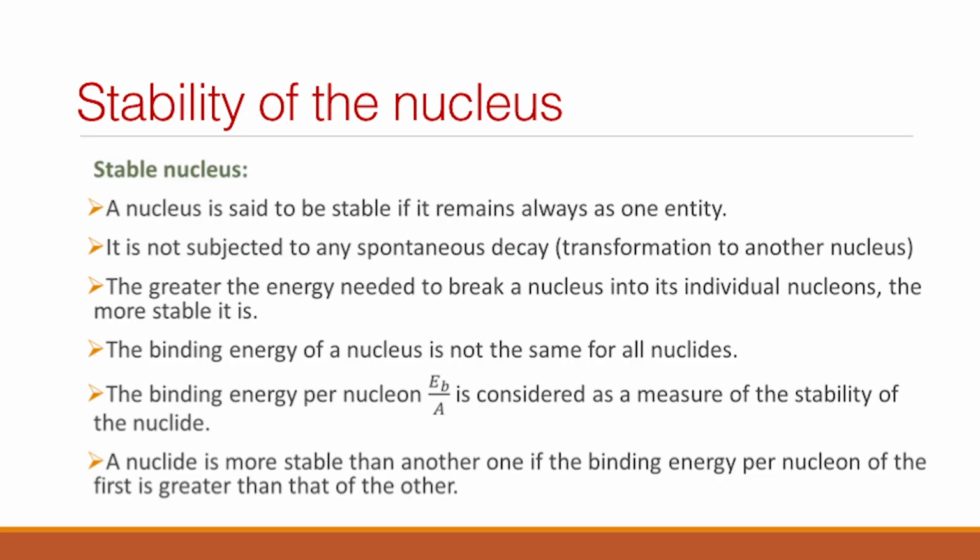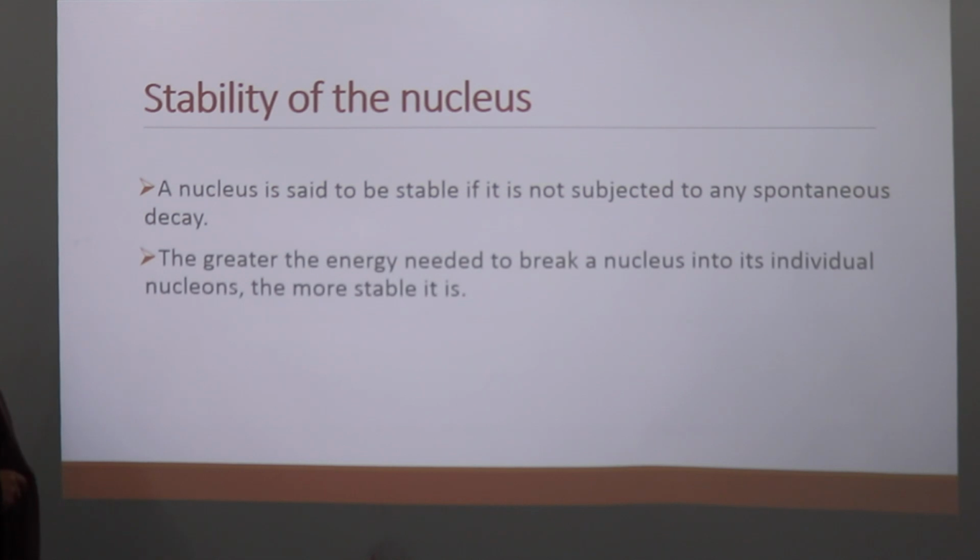Stability of the nucleus. A nucleus is said to be stable if it is not subjected to any spontaneous decay or transformation. That is, it doesn't change into another nucleus or undergo any disintegration. So it is stable. The greater the energy needed to break a nucleus into its individual nucleons, the more stable it is.